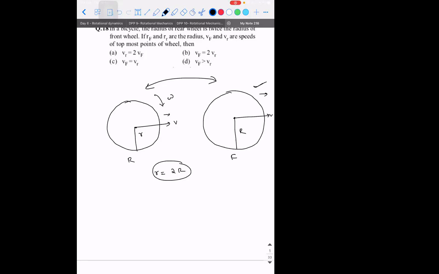Yes, sir. That's the difference. So what they're asking is the speed of the topmost point of the wheel. So this is the topmost point. If this is Vf and this is Vr, then they're asking what is the relation between these two, how to do.